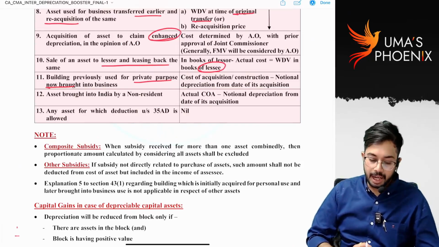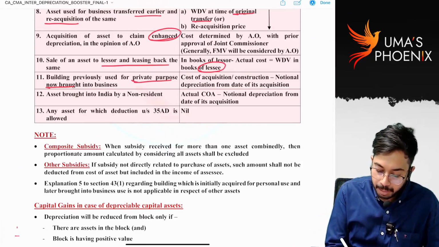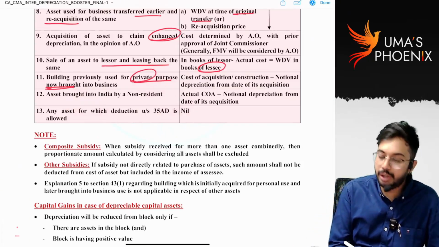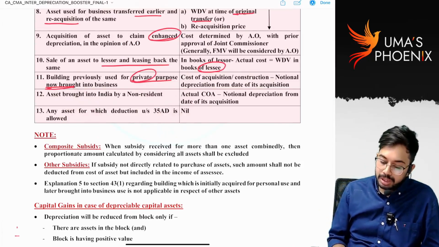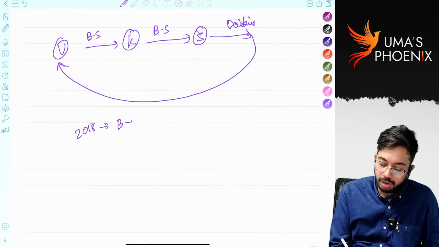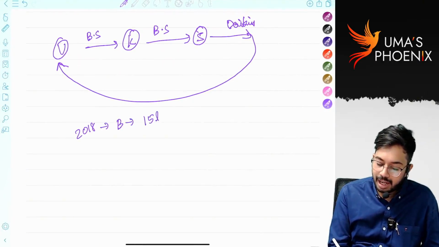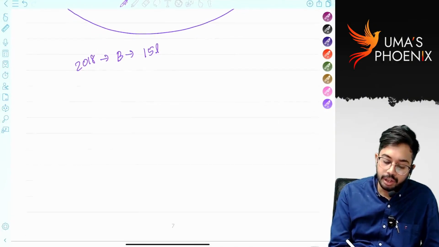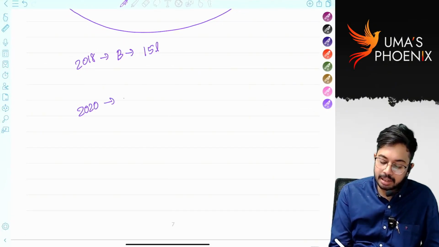Yes. Building previously used for private purpose now brought into business. In 2018, I purchased one building for rupees 15 lakhs. In 2020, I started business.